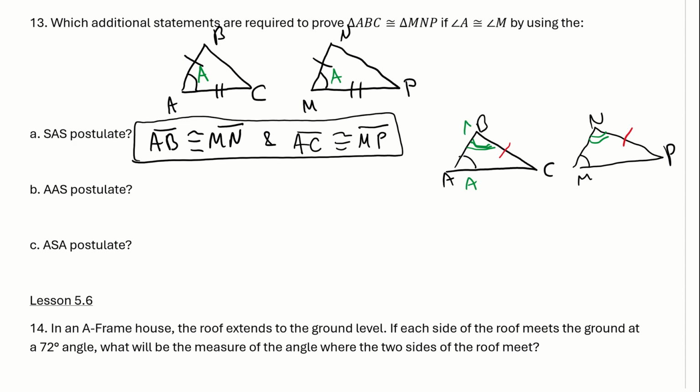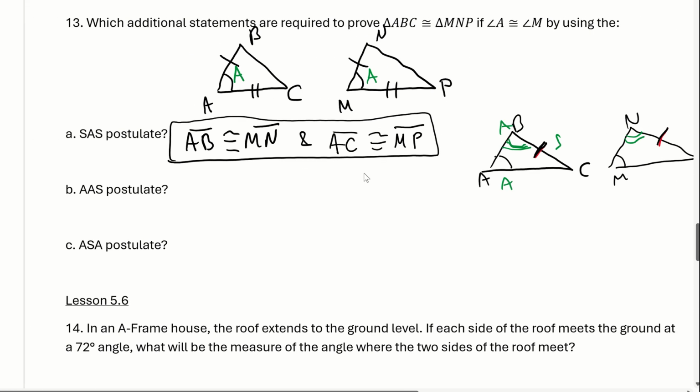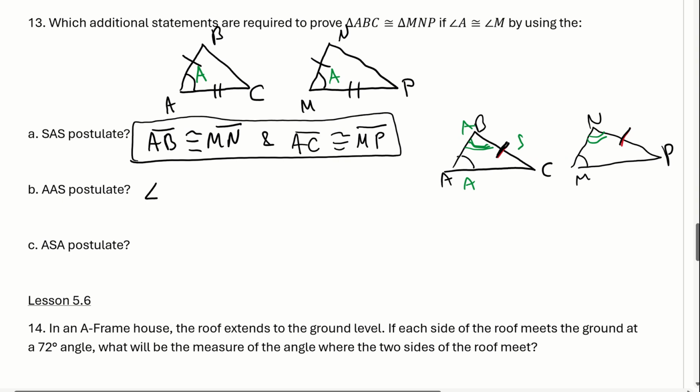So angle, angle, side. So I could either know angle B is congruent to angle N. This is the first case. And I would need to know BC is congruent to NP.